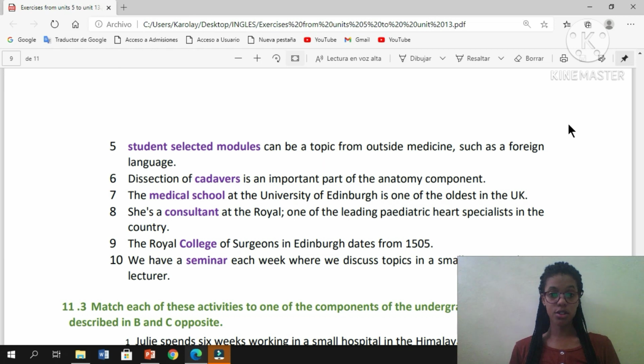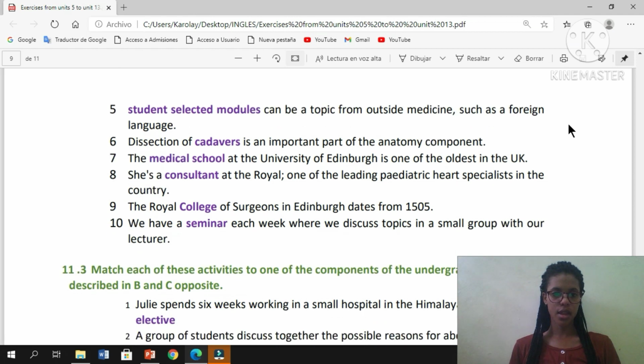The medical school at the University of Edinburgh is one of the oldest in the UK. She is a consultant at the Royal, one of the leading pediatric hospitals in the country. The Royal College of Surgeons of Edinburgh dates from 1505.